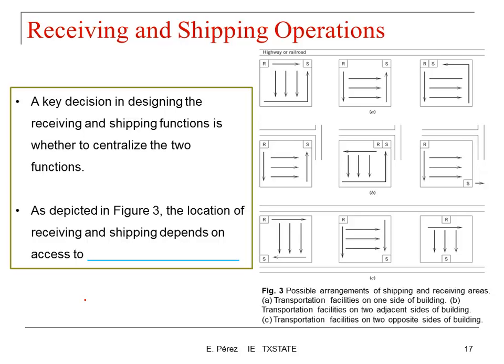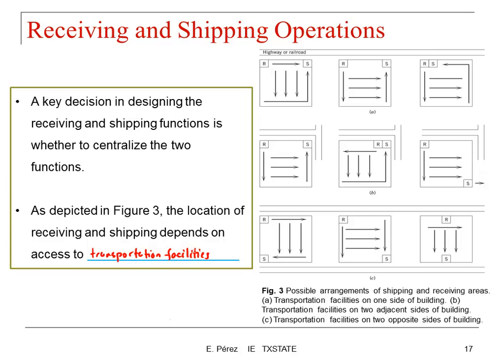In this figure, the location of receiving and shipping depends on access to transportation facilities. Okay, so you're moving these items from your warehouse, so you need to make sure you plan the location of your receiving and shipping based on the transportation means that you're going to use to move your items.